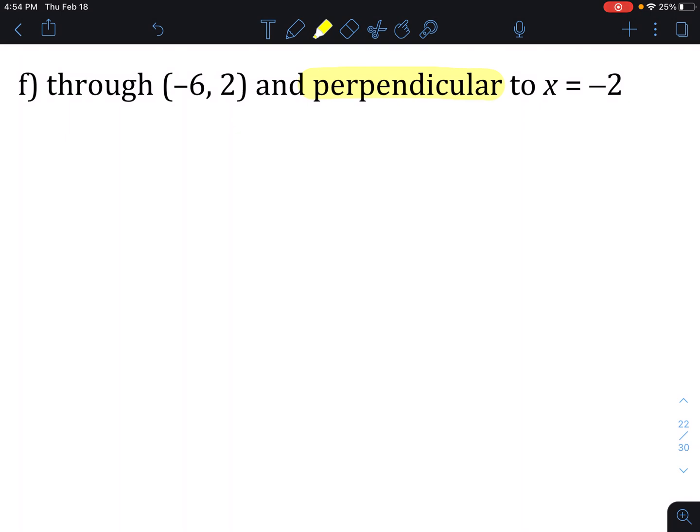Whenever you're missing a variable in an equation, if it says y equals a number or x equals a number, that means it's either vertical or horizontal. So perpendicular to this means instead of x equals, we would have y equals. And then what would we put? Take a look at the y coordinate right there, and that's what you're going to put for your answer.